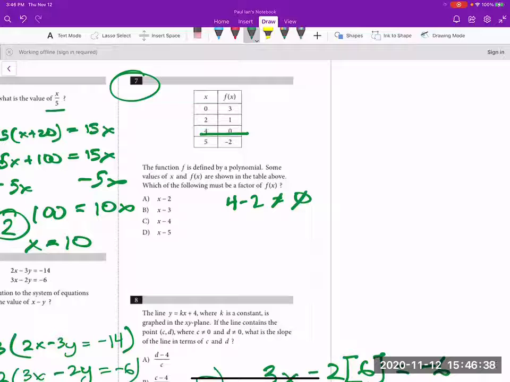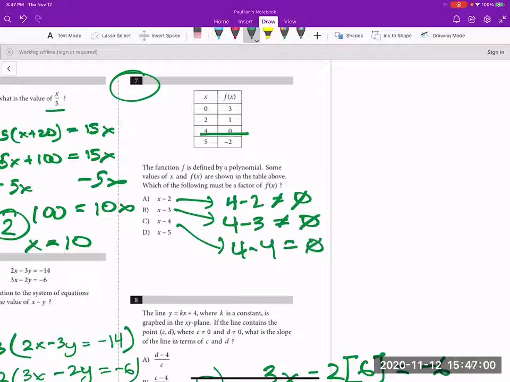Yeah, for A. And then if you did x minus 3, 4 minus 3 doesn't equal 0 either, right? I would probably just do these one by one and check them. This one does. 4 minus 4 equals 0, so it might be this one.